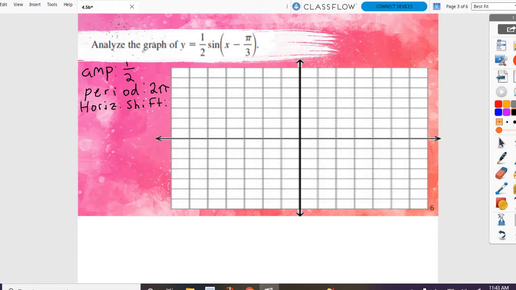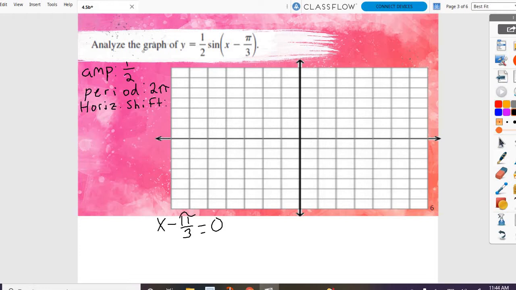So where do we normally start our first cycle of our graph? 0. 0 is where we normally start it. So what we're going to do is take whatever is on the inside and set it equal to 0, because then that will give us our new starting spot.